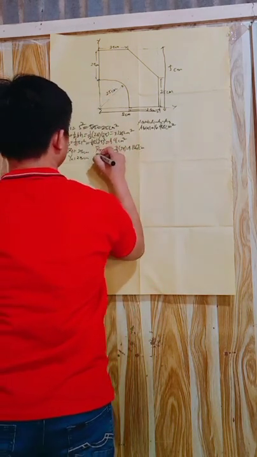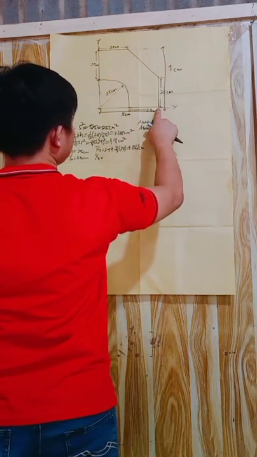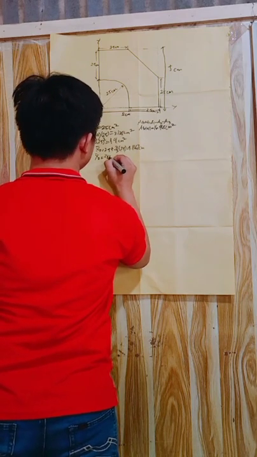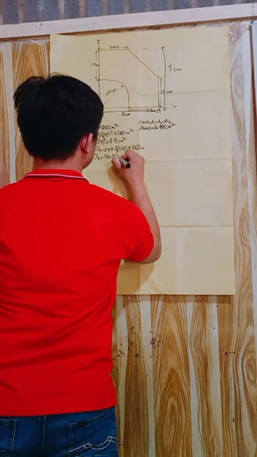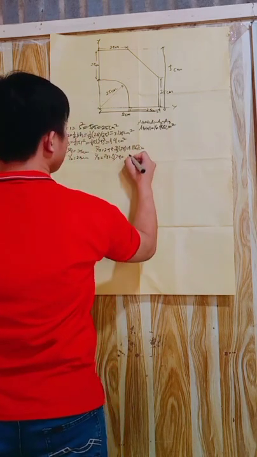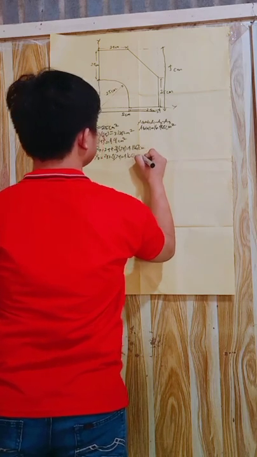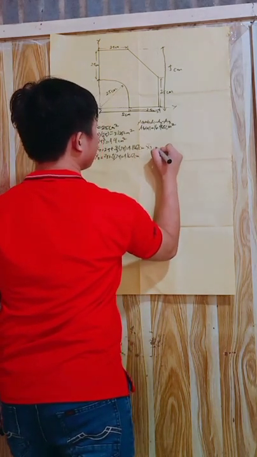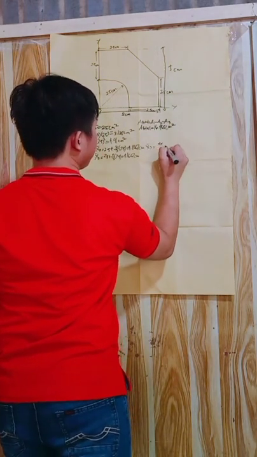Then y bar sub 2, from this we will add 2.5 plus 2/3 of the base, and we have y bar sub 2 equal to 4.1667 centimeters.